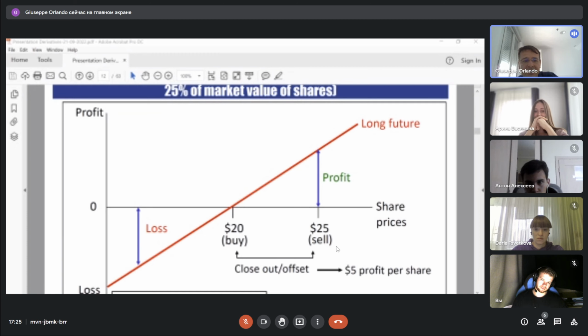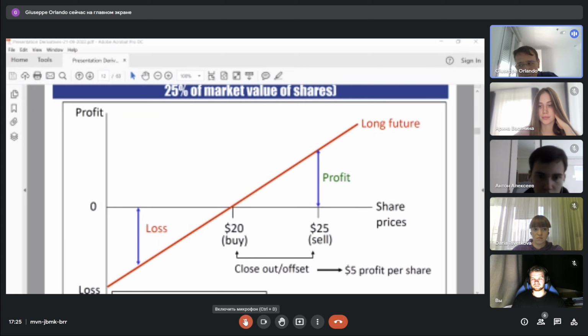What is the problem? It could be that the jump is more than 25%, no? In the case that the jump is, I don't know, from 20 to 26, the counterparty has $5 on the account, but not more than $5. So in this case you lose $1, because you get the $5 that the counterparty has on the bank account, but for the remaining $1 there is no cash, and the counterparty is defaulting.